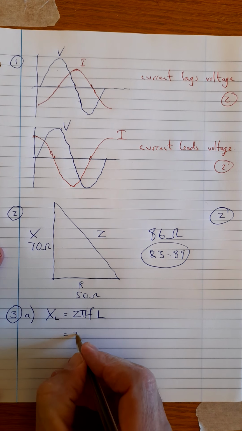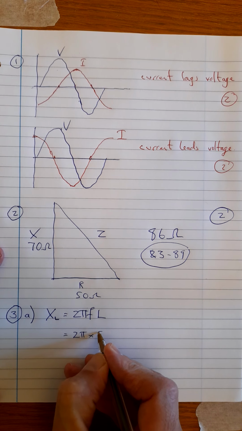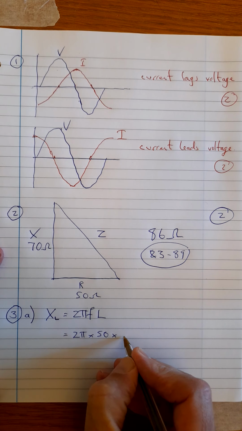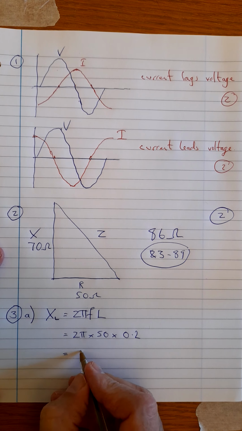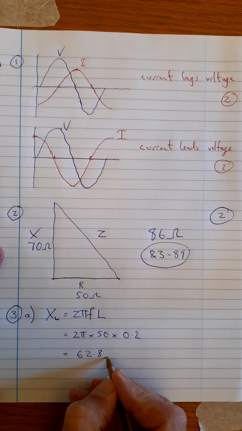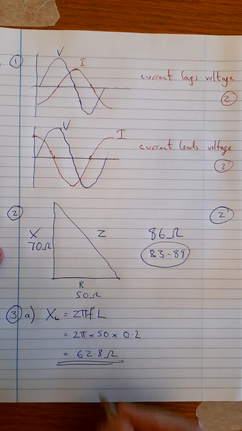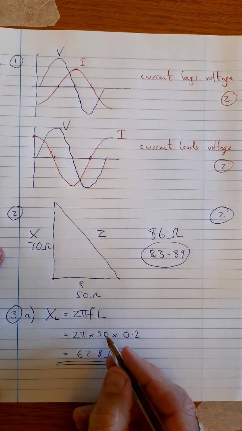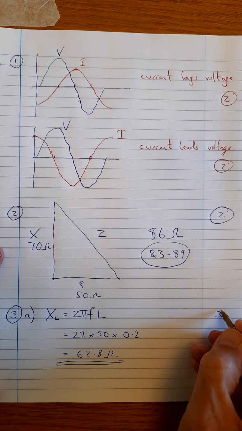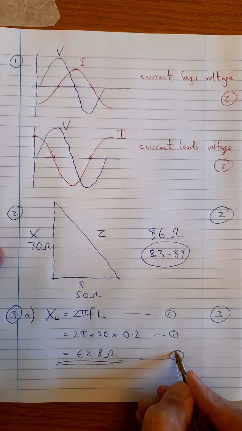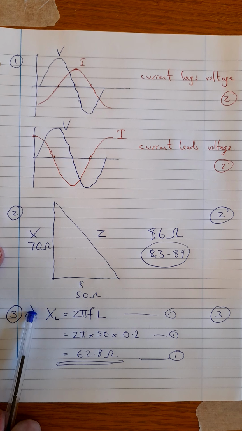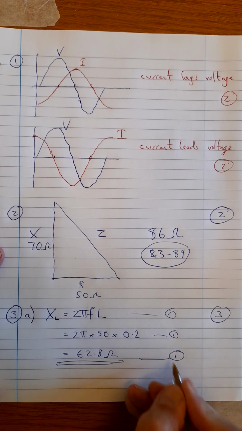Put the numbers in. 2 pi times 50 hertz times the value of the inductor. And that comes to 62.8 ohms. Typically for EAL this will be worth maybe 2, maybe 3. I'll be generous today, let's call it 3, and I would give you 1, 1, 1. If they gave it 2 marks, you'd get a mark for the formula and a mark for the answer with the unit. If you miss the unit off, you're going to drop a mark.